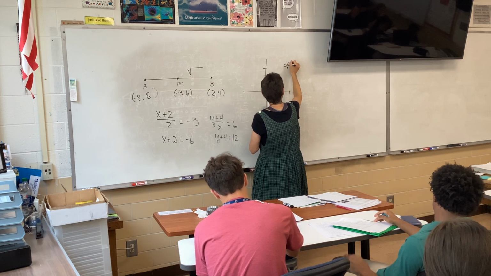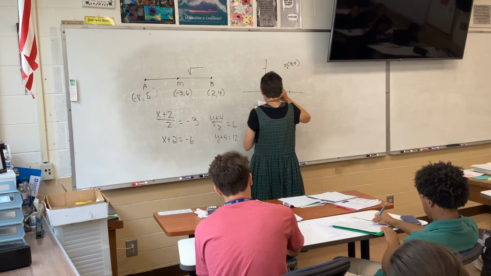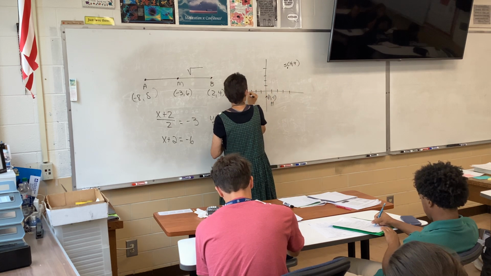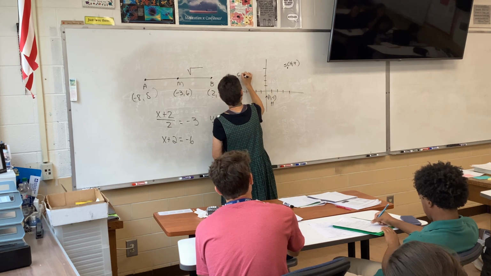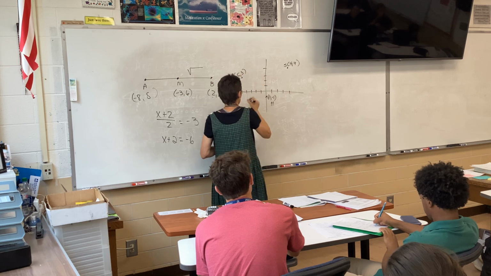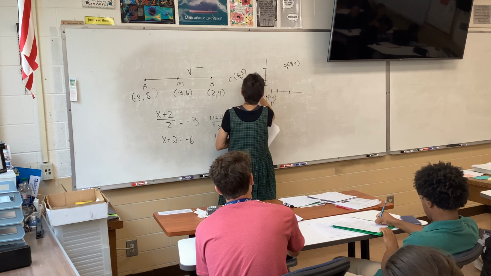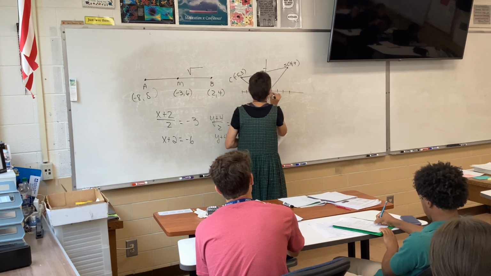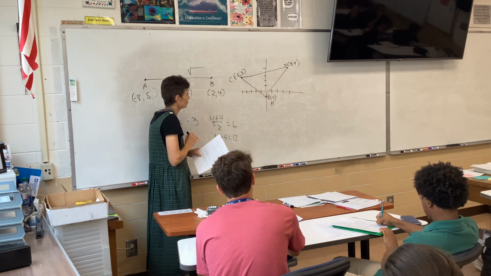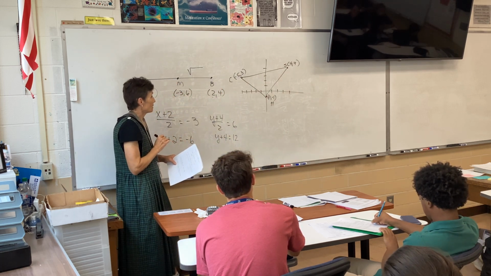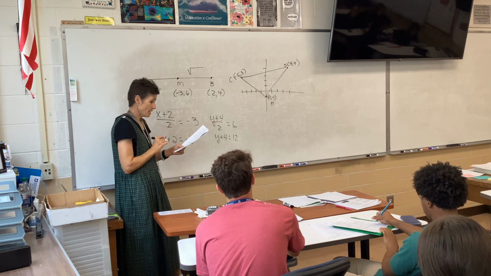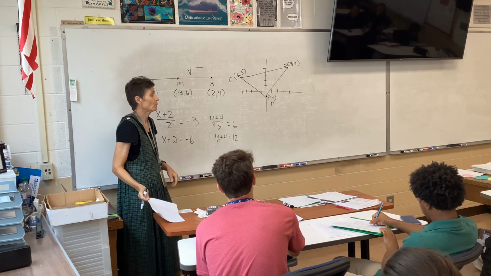Oh, that's us. And we have -5. Here's my triangle. And I'm going to find the area and the perimeter.